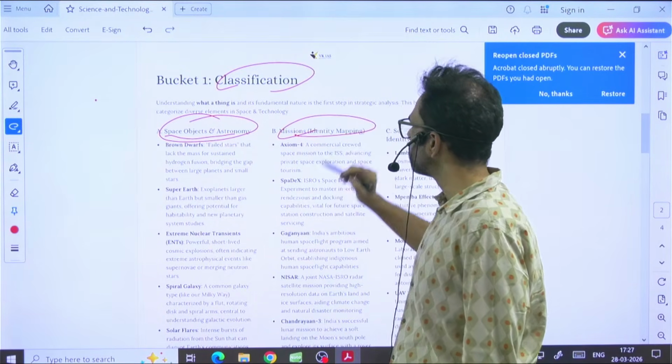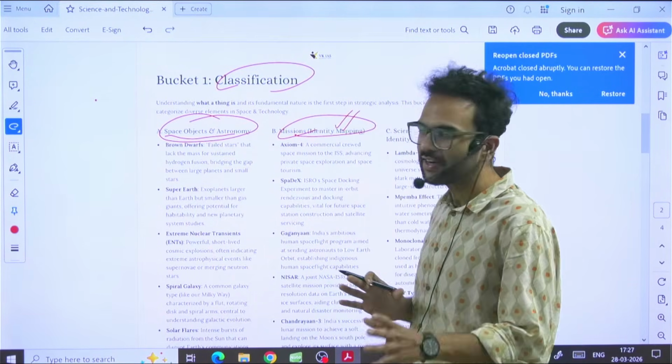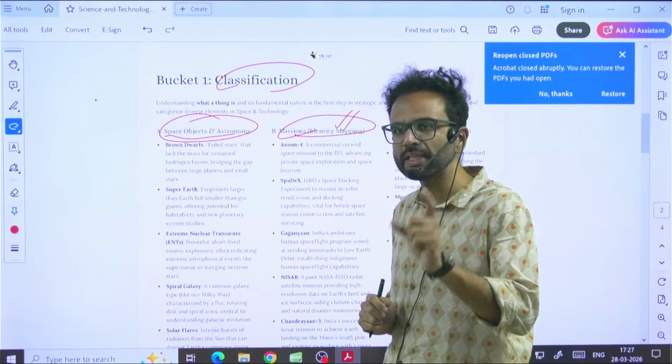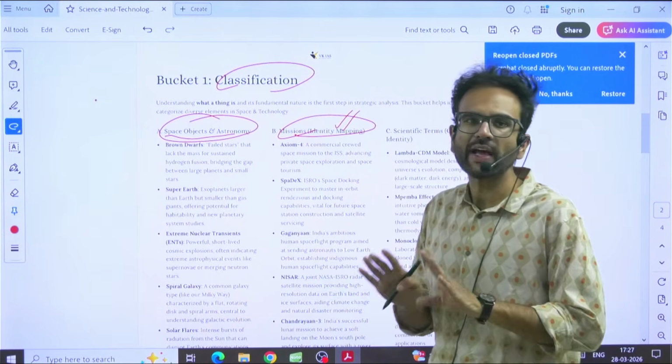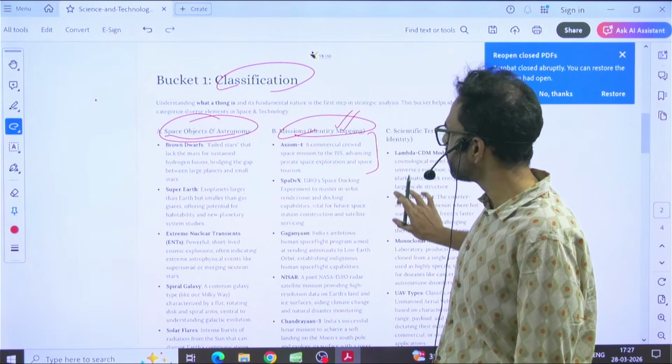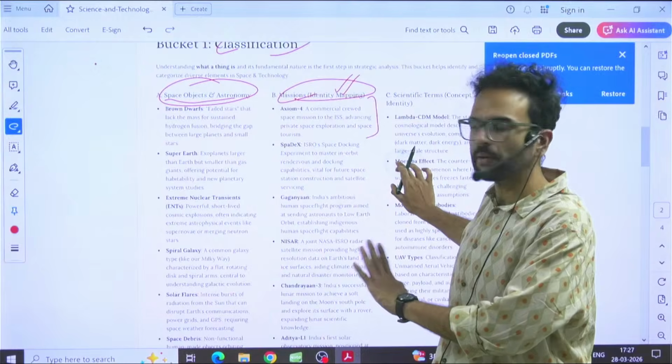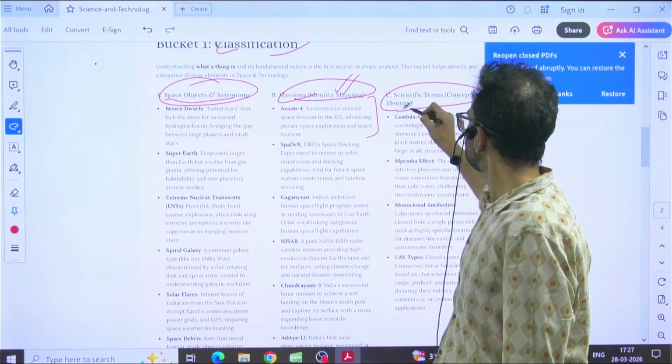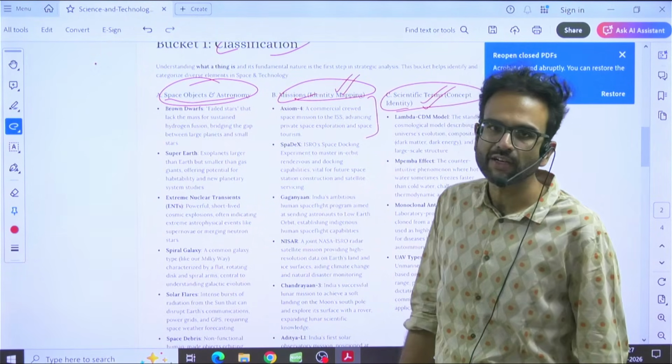The missions, so when you are mapping them to an identity, they're trying to solve one specific problem in the domain of astrophysics. Each mission is trying to do the same thing, and you just need to know what that purpose is. Then you have some important scientific terms.